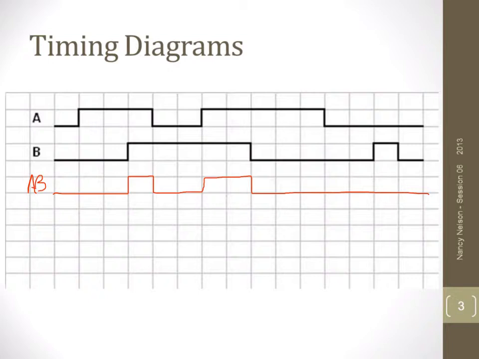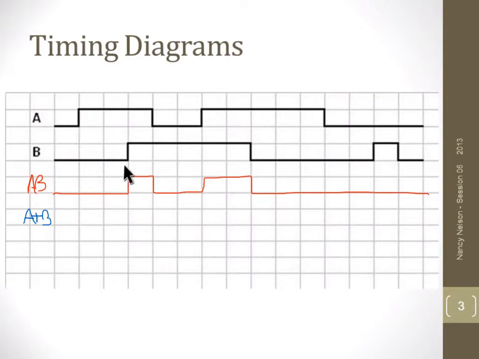Now if we take a look at another example, this time let's do A or B. So this time we're looking for A to be high or B to be high in order for our output to be high. As we're going along, we can see that here A goes high and it stays high.